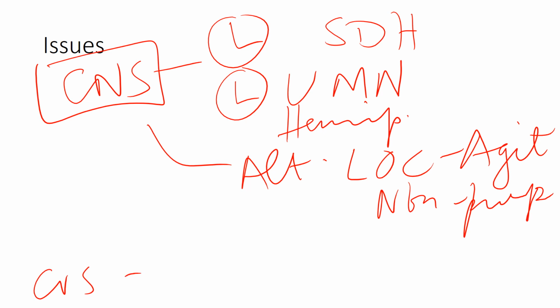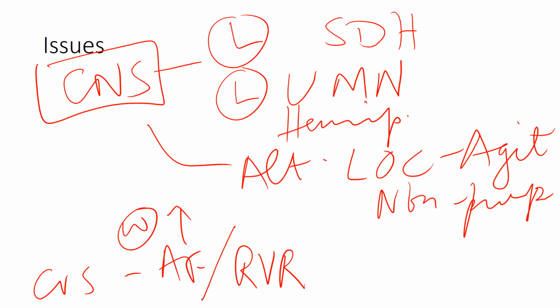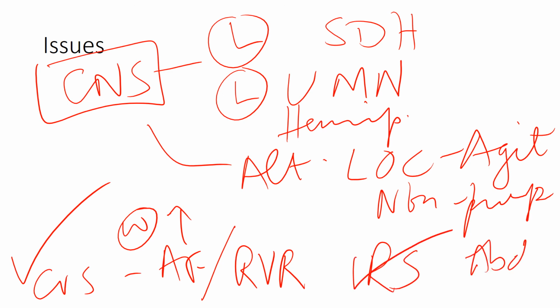Cardiorespiratory: she has AF, which is old, with a rapid ventricular response, and she is on warfarin for the AF. But otherwise, the cardiovascular system is normal, the respiratory system is normal, the abdomen is normal.